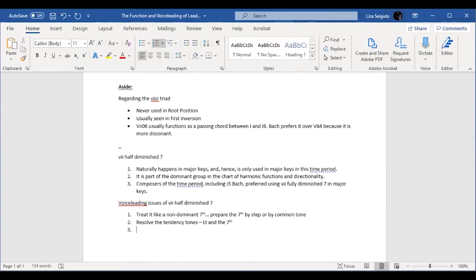Okay, and here are some issues with the chord in root position and the 7th in the soprano voice.